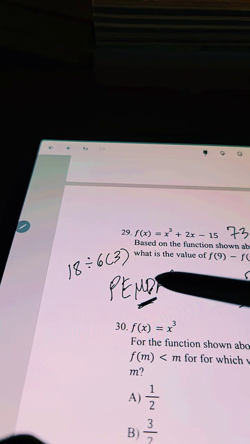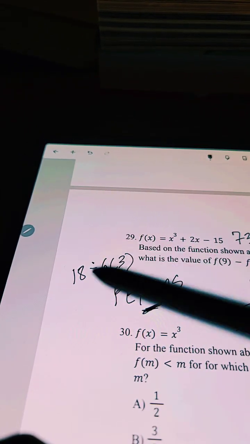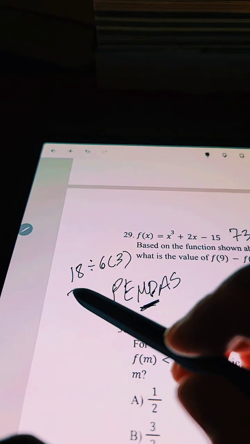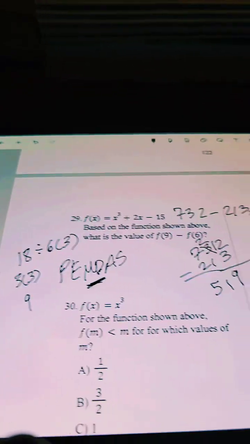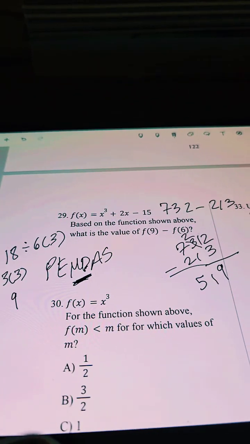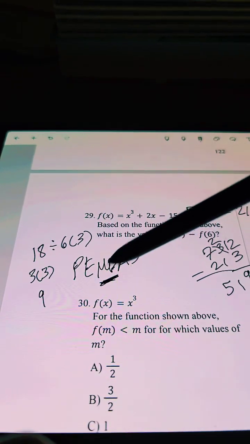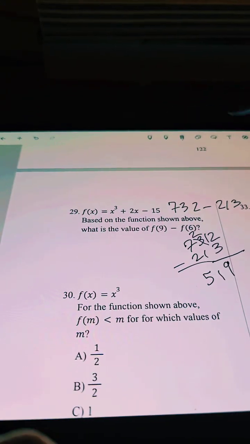Because it's the MD that you're deciding between there, when you get to that point, you would do whatever's to the left first. So you do the division first. 18 divided by 6 is 3. And then 3 times 3 is 9. So yes, you do PEMDAS in order, but that's the exception when you get to this portion, the MD, that you have to take into account.